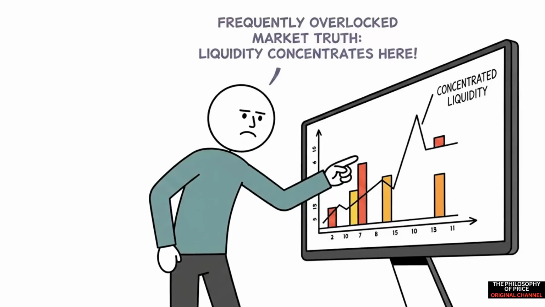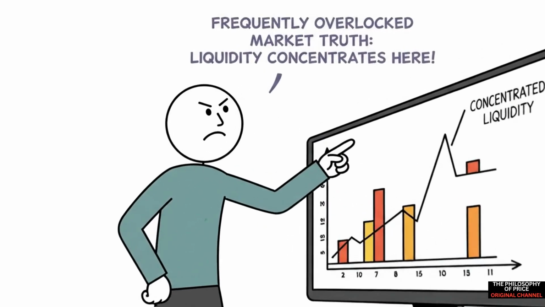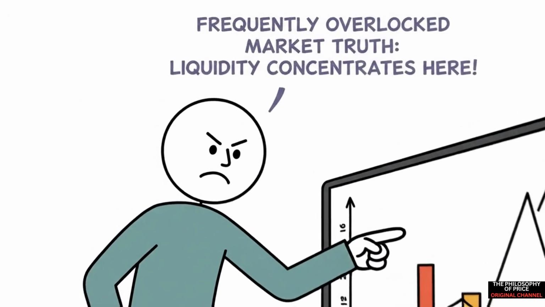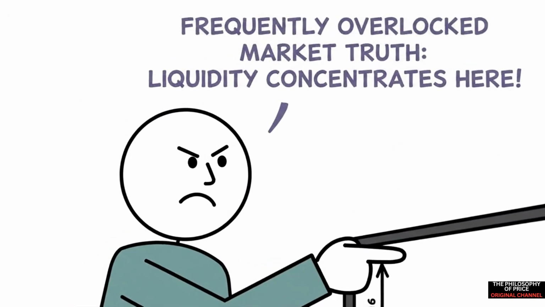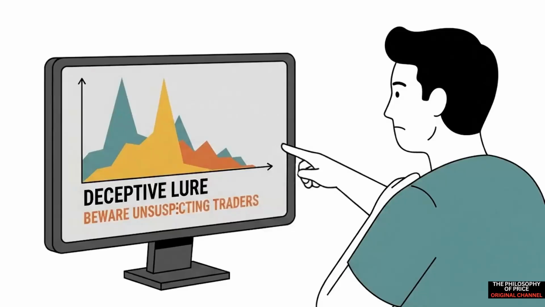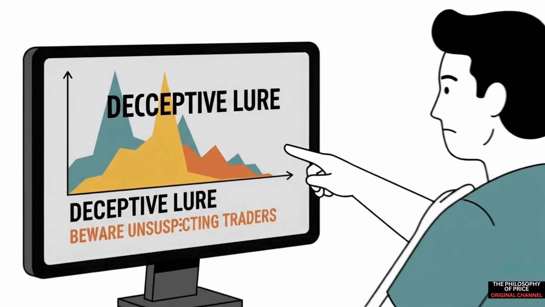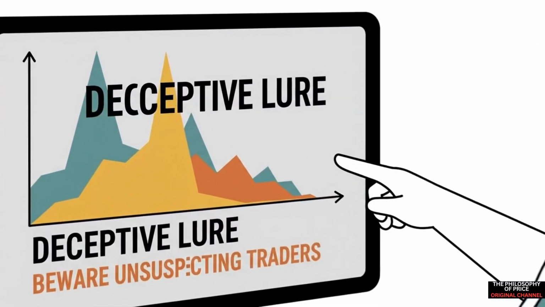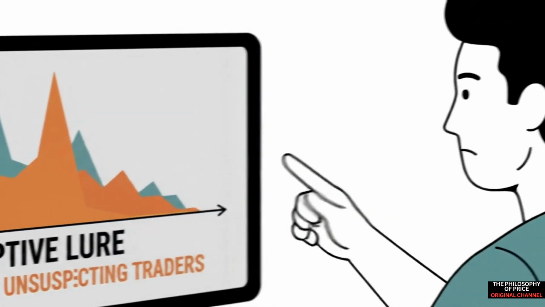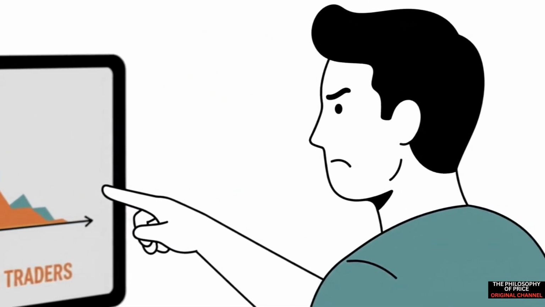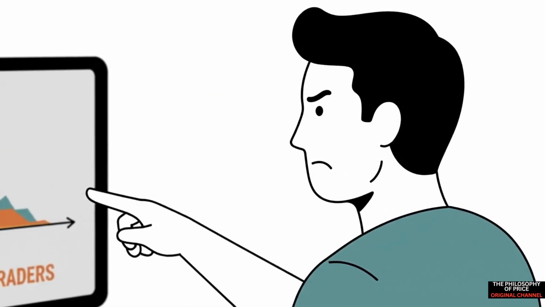Many traders overlook a key truth. Markets inherently gravitate towards areas where liquidity is concentrated, often where stop-loss orders are clustered. Sometimes what appears to be a legitimate order block is merely a deceptive lure, an inducement crafted to trap unsuspecting traders before the true market movement begins.